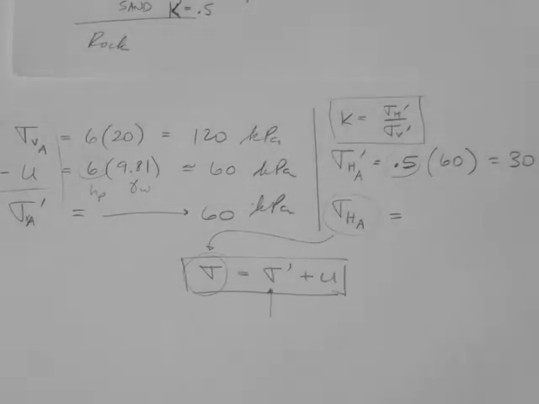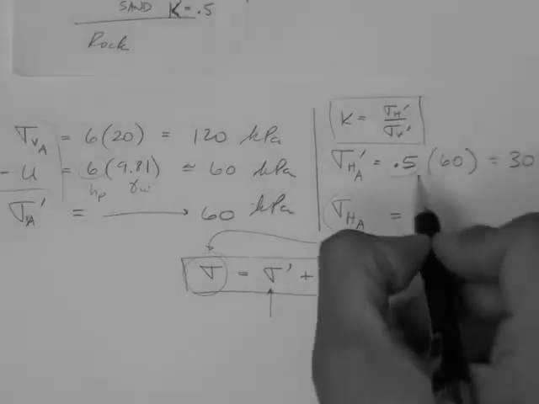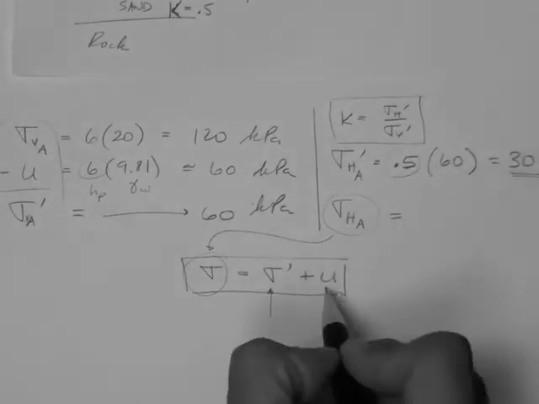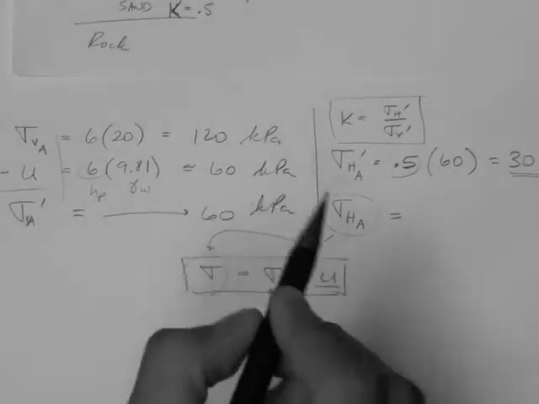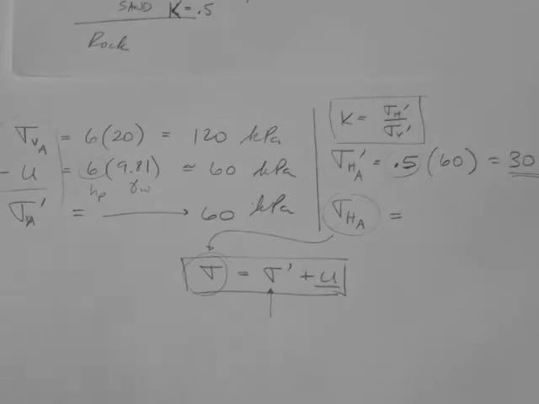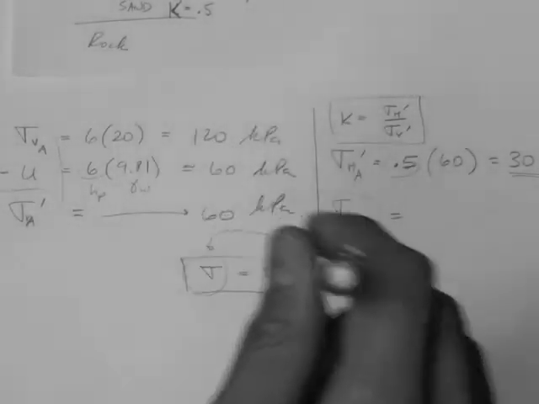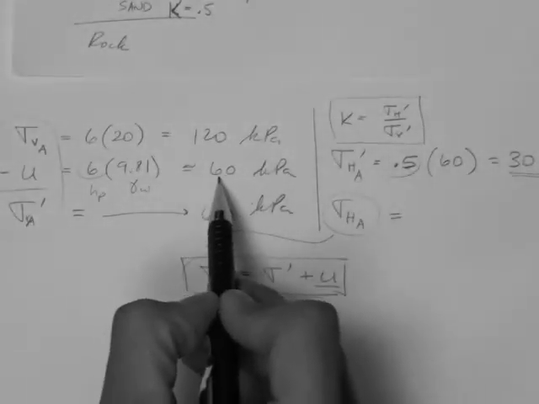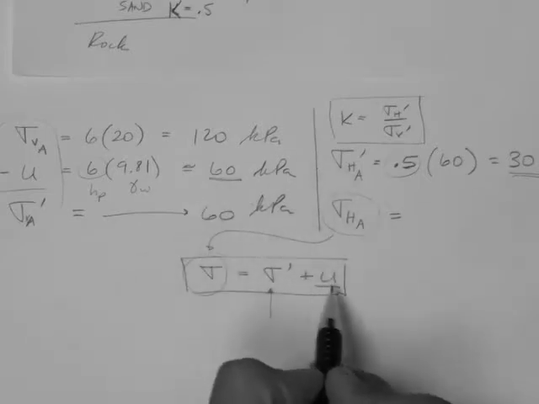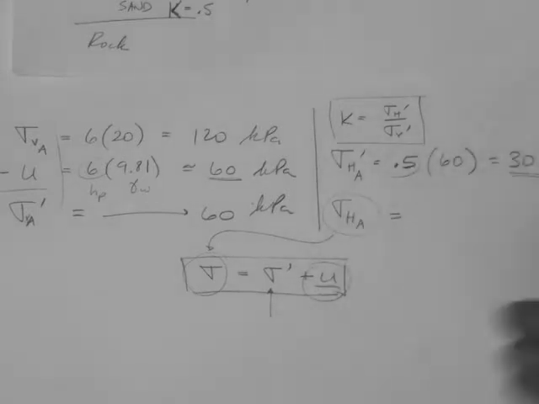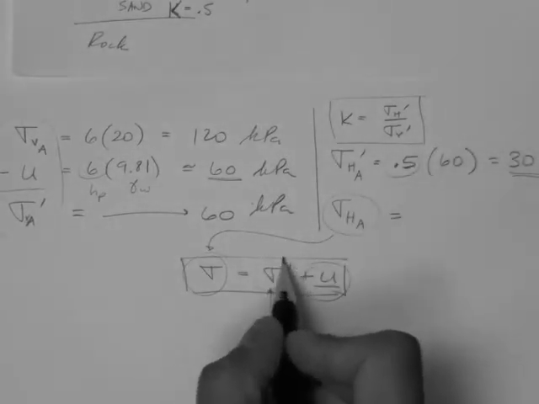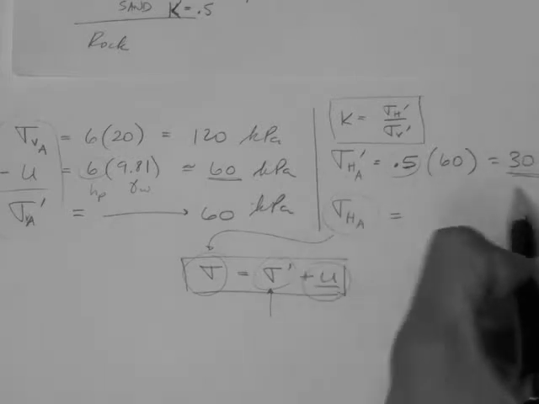We have what the particles are feeling laterally, horizontally, that's this. And we also have U, which is this. Remember, the water is feeling the same pressure, that is the same stress, in every direction. Laterally, vertically, however it is, it's feeling 60. That's what the water feels. Horizontally, or laterally, the particles are feeling 30 at that point.